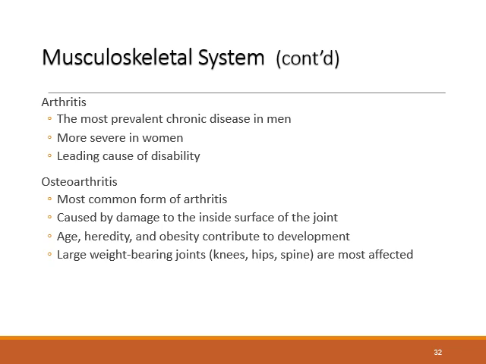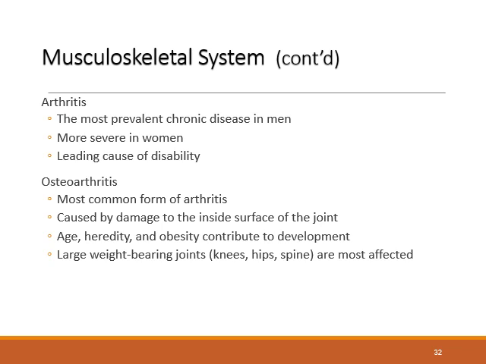So arthritis is a big problem in the elderly. It's the most prevalent chronic disease in men, but it can be more severe in women. And it is the leading cause of disability. They get lumps all over their hands and feet. You've probably seen that in some elderly people. Now there's osteoarthritis and rheumatoid arthritis. So osteoarthritis is the most common form of arthritis.